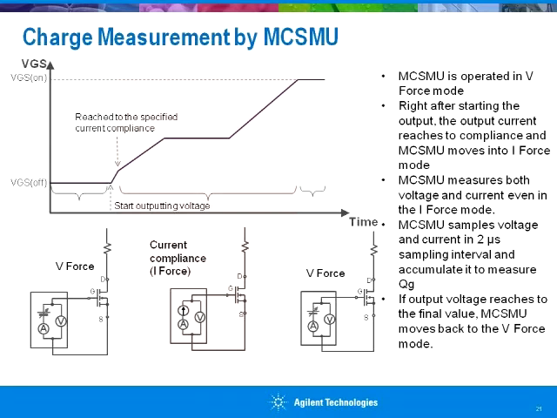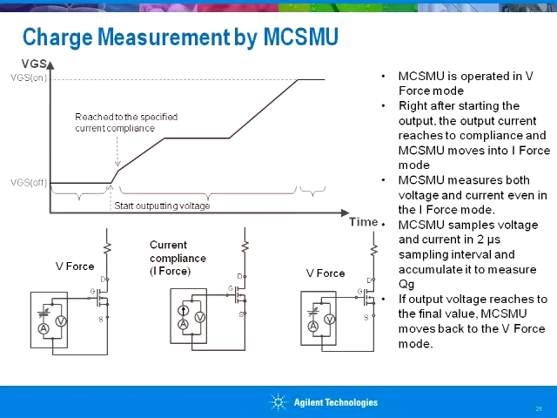And this is the method to measure charge injected to the gate. We use MCSMU to measure gate charge. During the QG measurement, MCSMU is operated in voltage force mode with a specified current compliance.